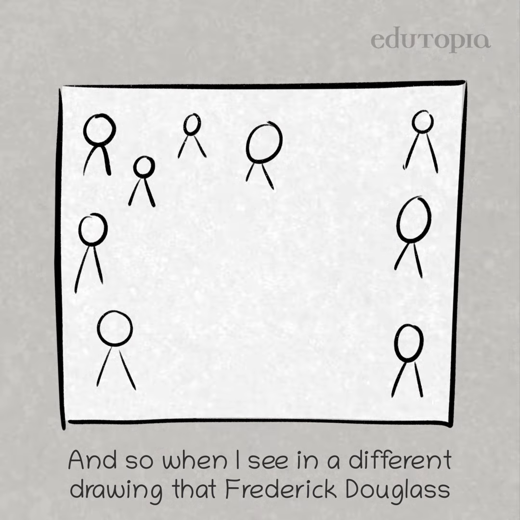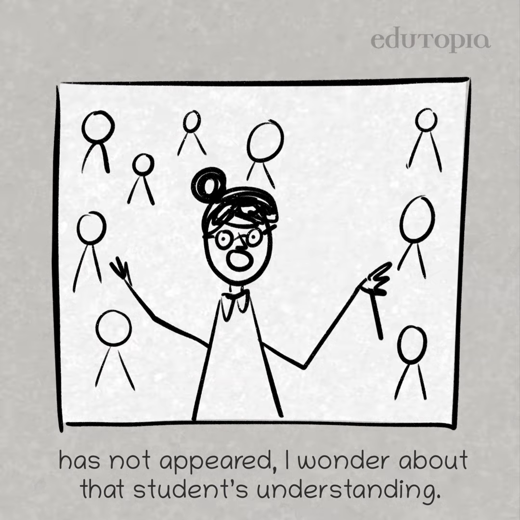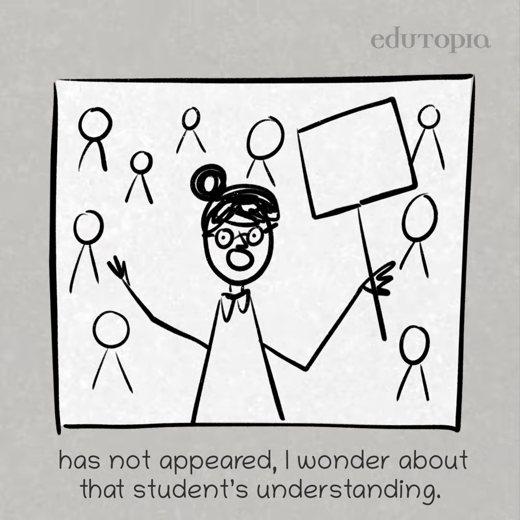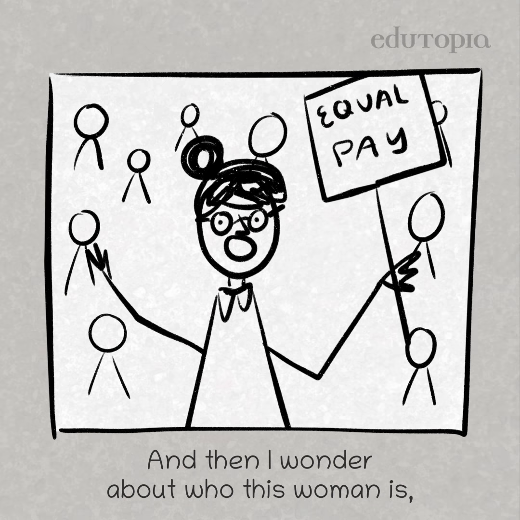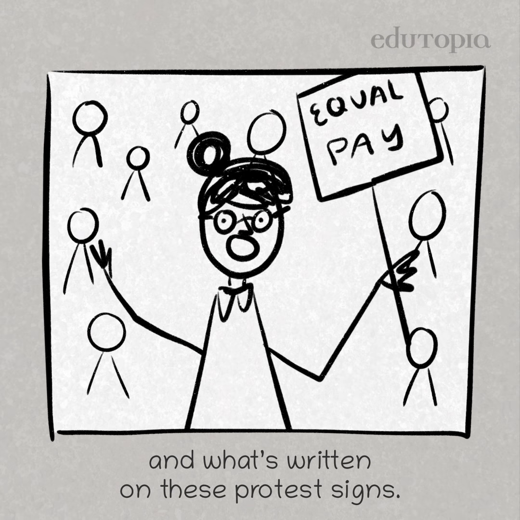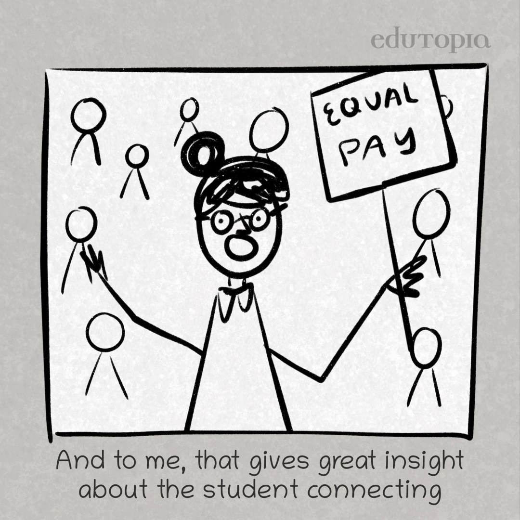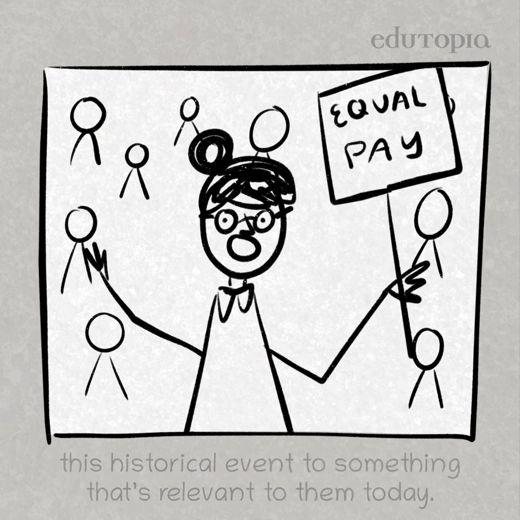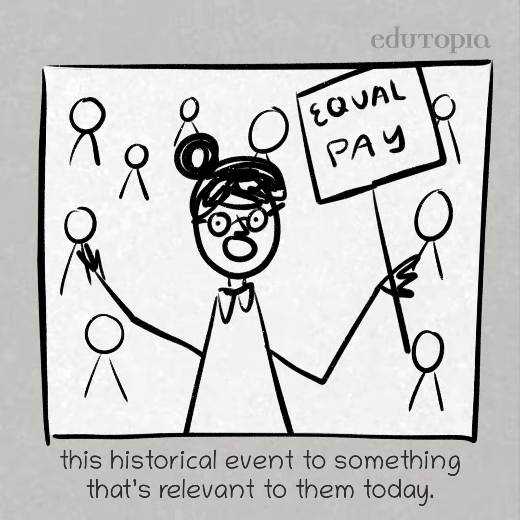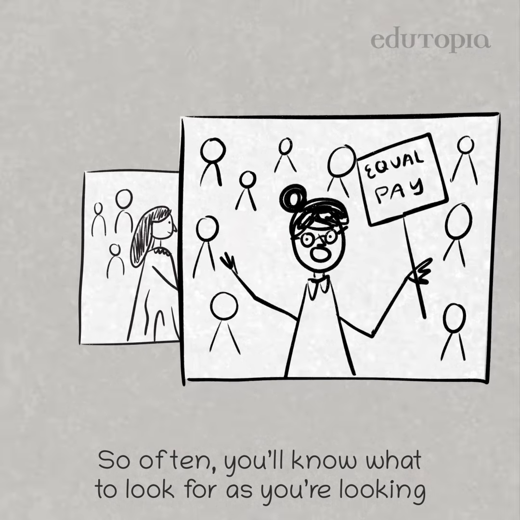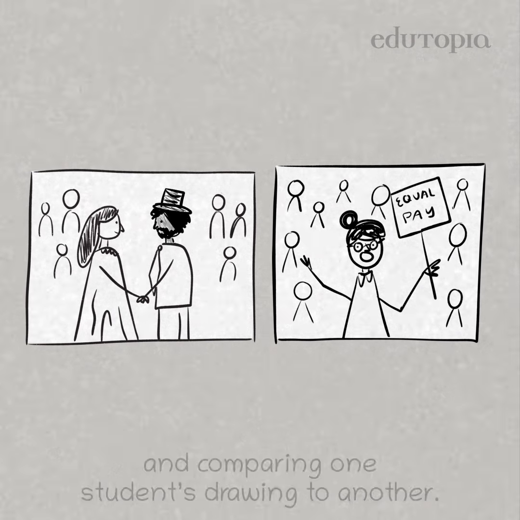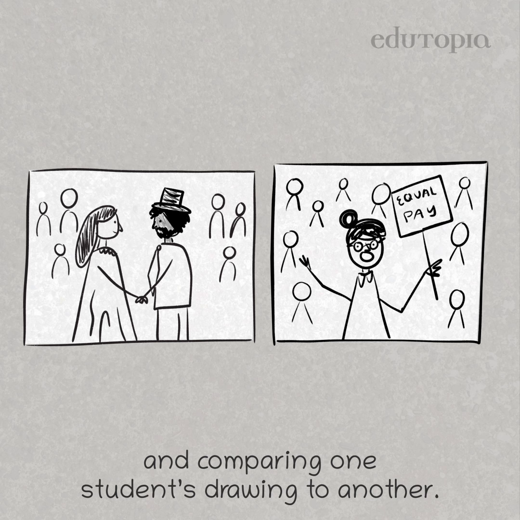And so when I see in a different drawing that Frederick Douglass has not appeared, I wonder about that student's understanding, and then I wonder about who this woman is and what's written on these protest signs. And to me, that gives great insight about the student connecting this historical event to something that's relevant to them today. So often you'll know what to look for as you're looking and comparing one student's drawing to another.